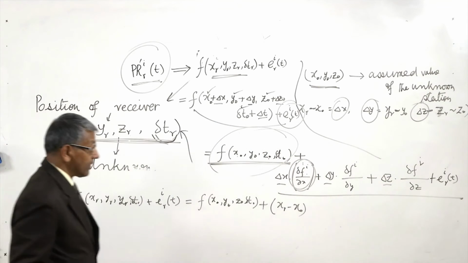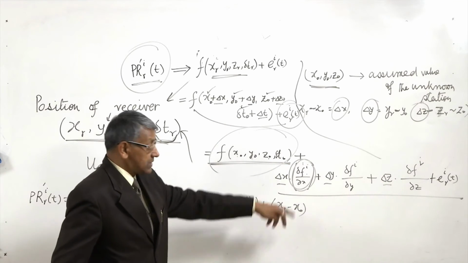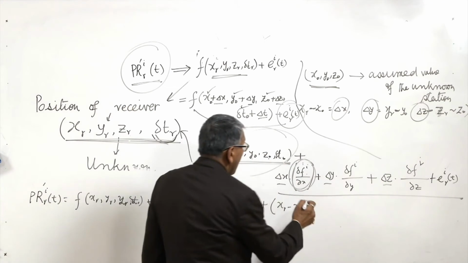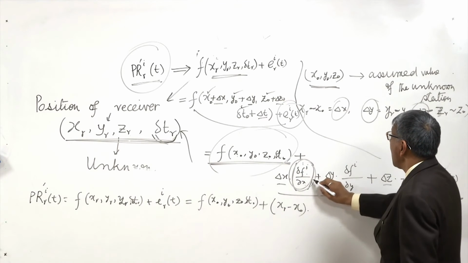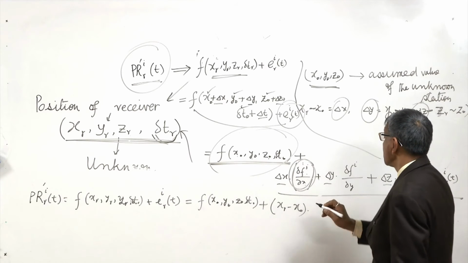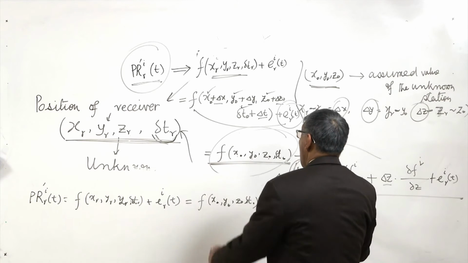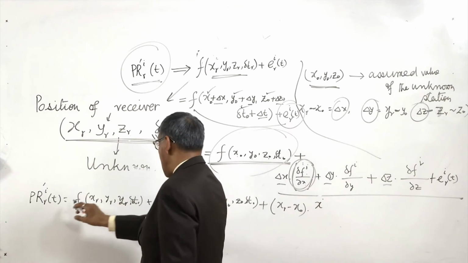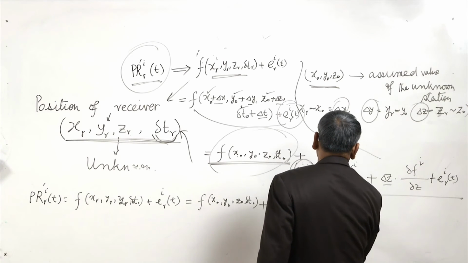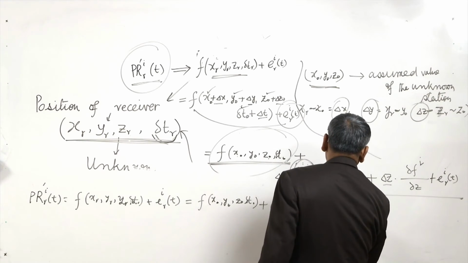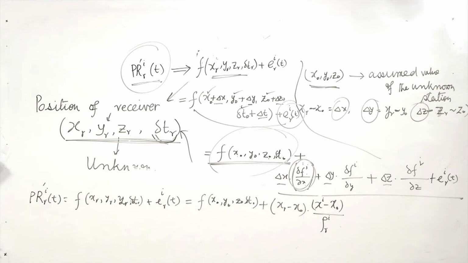This is the gradient of the function with respect to x, which is nothing but the direction cosine of the line joining the satellite to the receiver. It is a direction cosine in the direction of x. So we can write it like this: x i value minus x0 divided by rho i r. So this is what is written here.